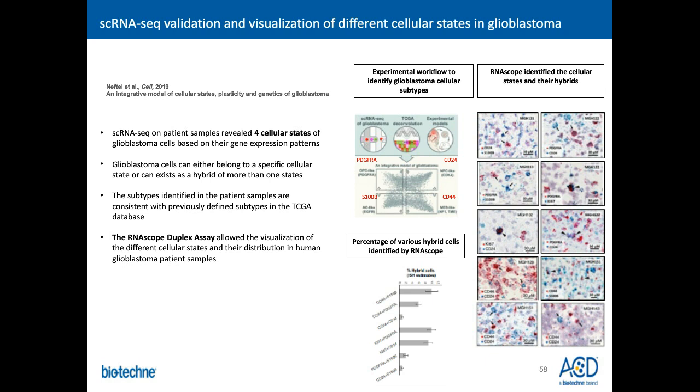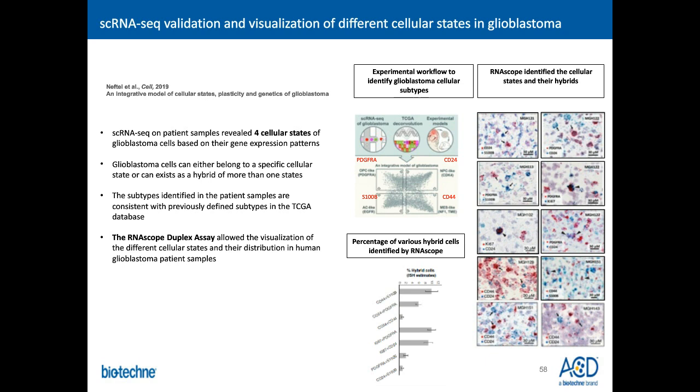In this particular example, this group of researchers from Harvard wanted to analyze glioblastoma tumors, and when they performed single-cell RNA-seq analysis, they identified 4 different cellular states in which glioblastoma tumor cells can exist. They identified specific markers associated with each of the states. And using RNA-scope, they validated the presence of these cellular states by using probes against the specific markers.